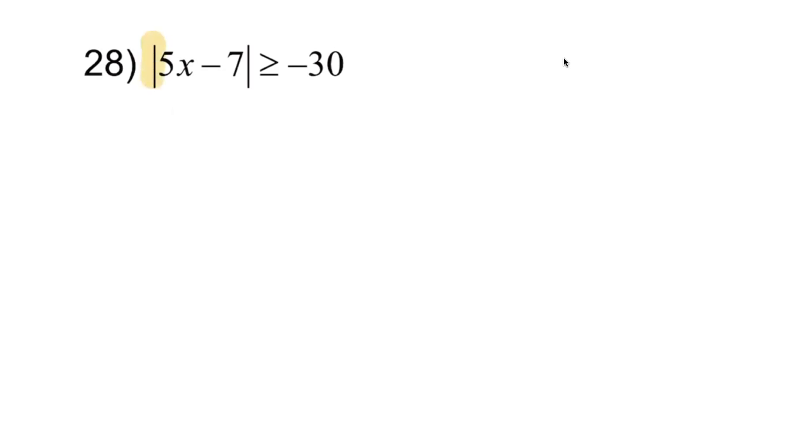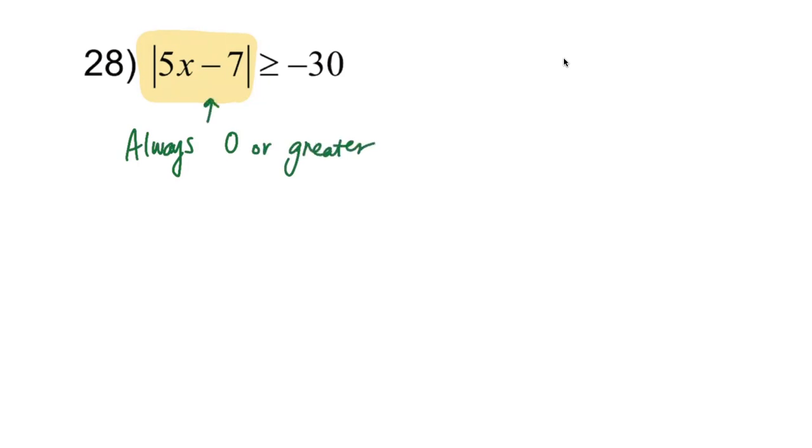So what I want to show you here is, let's take a look at the left-hand side. The highlighted part, the absolute value of 5x minus 7. Now, one thing about the true understanding of an absolute value expression is that it is always going to be zero or greater.